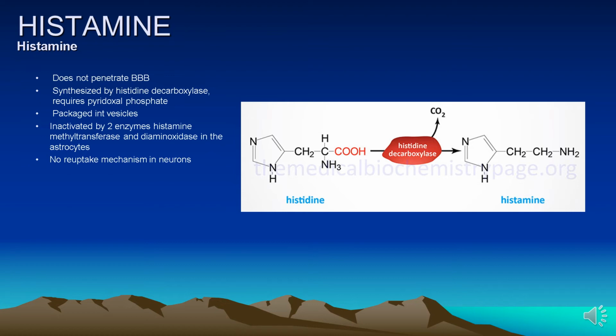After it is synthesized, it is packaged into vesicles, and then it is inactivated after it has been released into the synaptic cleft by histamine methyltransferase and diamine oxidase in the astrocyte, and it was found that there is no reuptake in the presynaptic neurons.